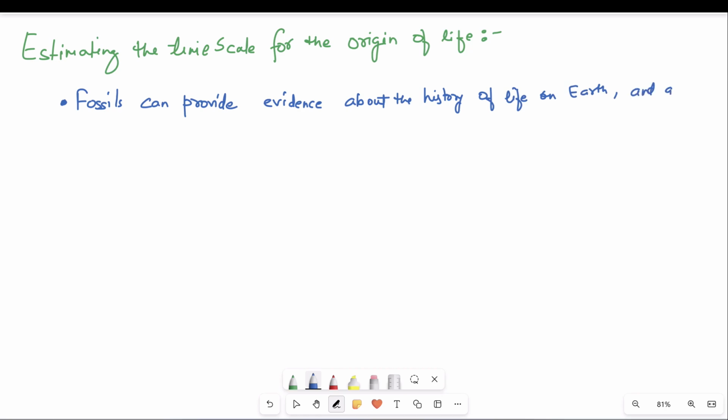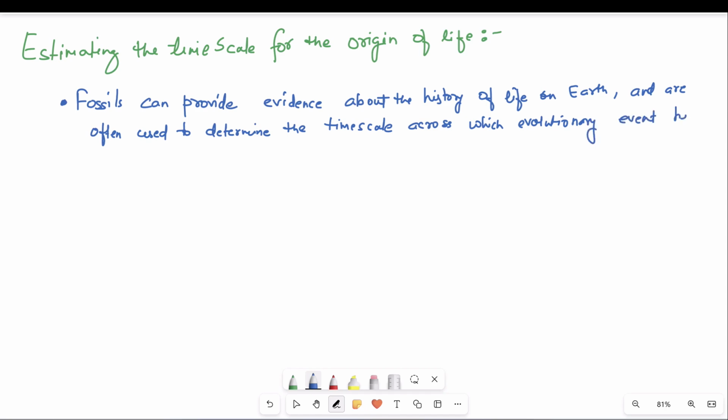And are often used to determine the time scale across which evolutionary events have occurred, right?